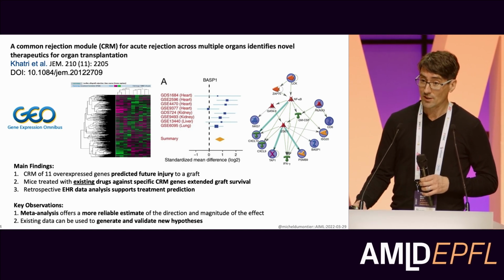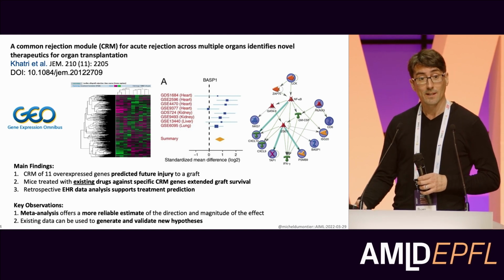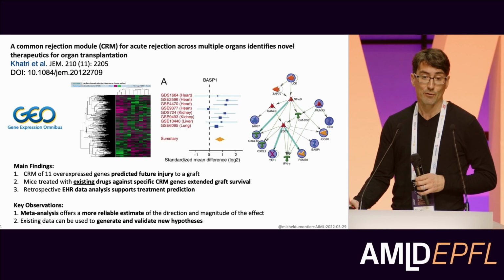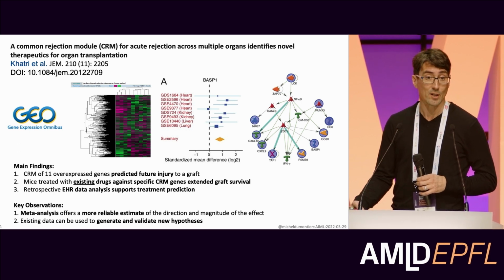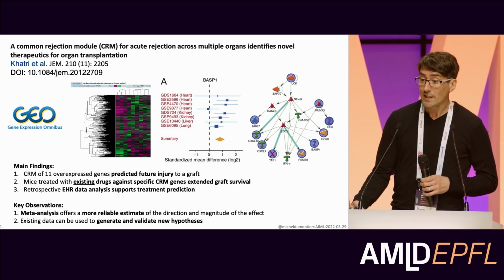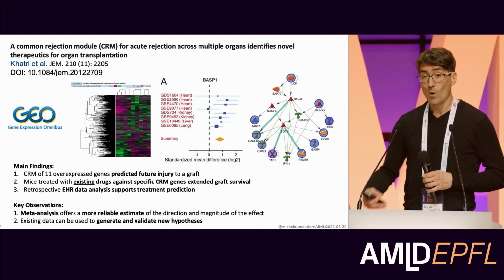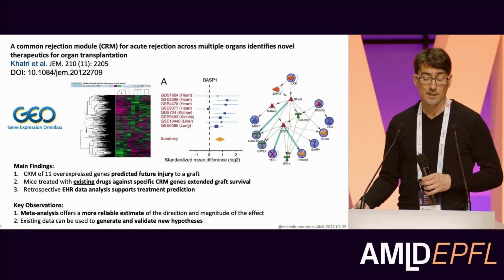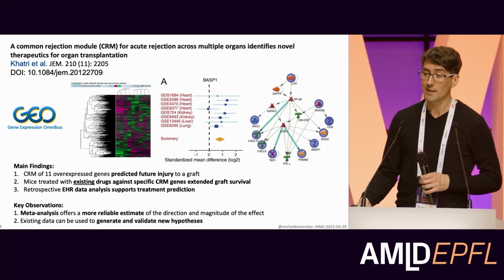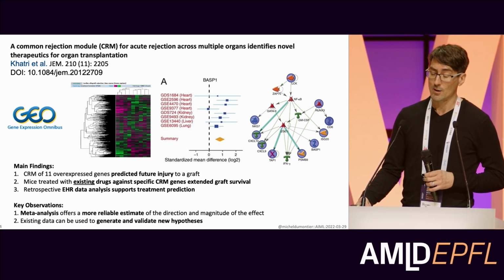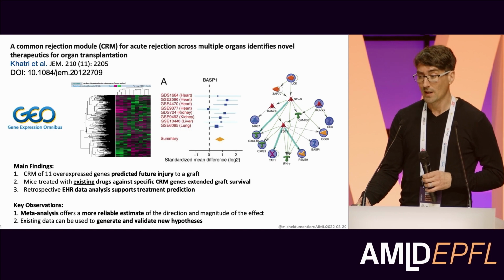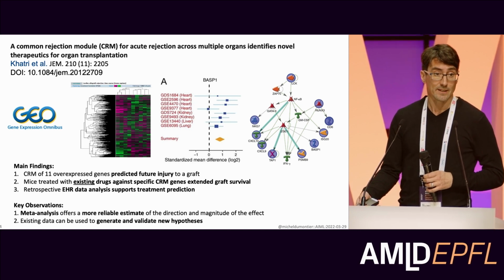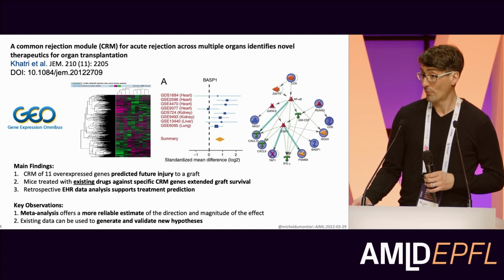They were able to find such individuals, and they could show that the survival of their grafts was extended for people who were taking these very common drugs. So this is a really nice example of, one, using other people's data to synthesize a new hypothesis about what mechanism is at play for graft survival, and secondly, using electronic healthcare record data to validate that hypothesis for real patients.